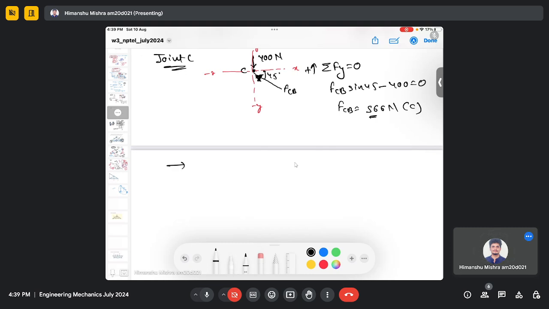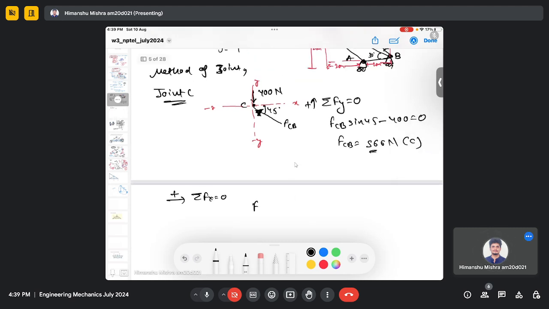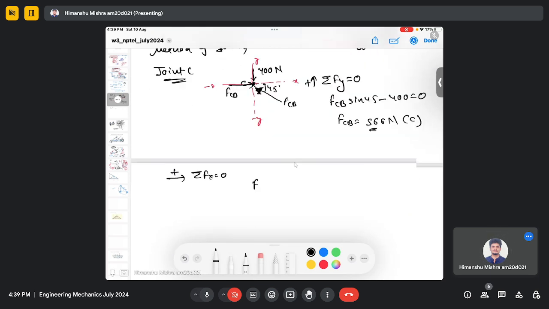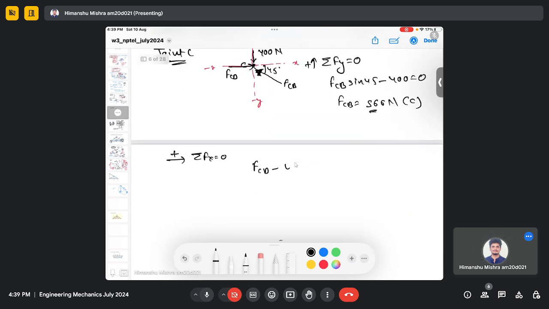Then assume this direction to be positive in the x-axis. My summation of forces in the x-axis should be equal to 0. There is one more force, FCD. So FCD minus CB cos 45 equals 0.